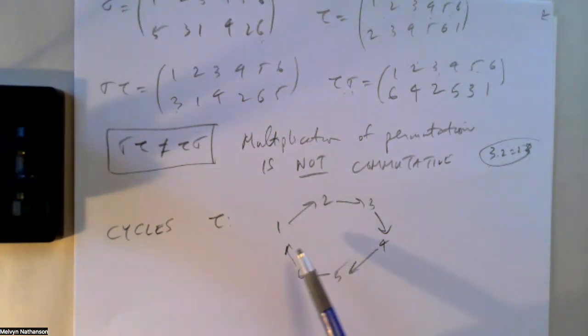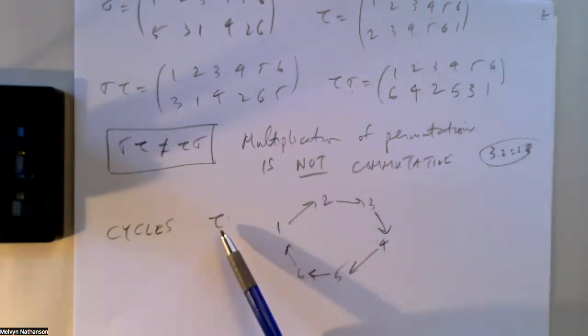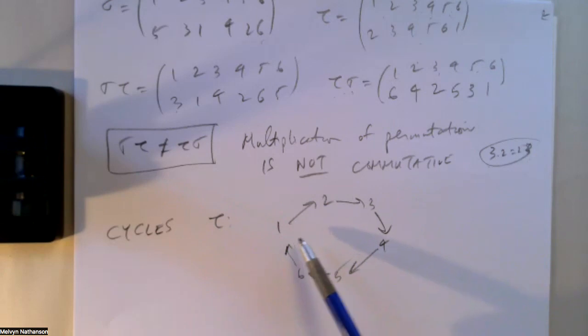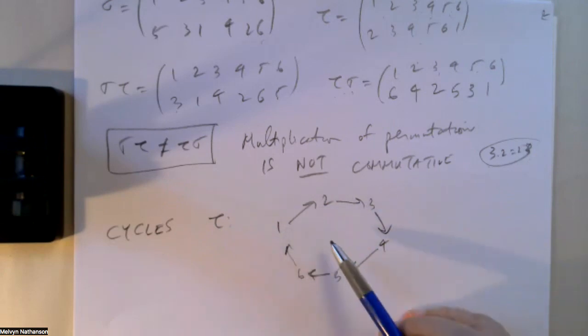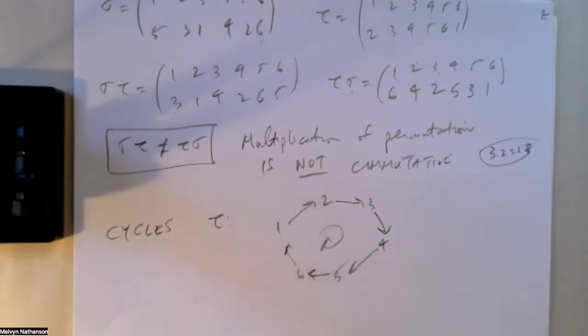So if we follow the trajectory of any number under iterations, repeated applications of tau, we have 1 to 2 to 3 to 4 to 5 to 6 back to 1. This is an example of what's called a cycle. It's a permutation or part of a permutation that sends numbers from one to another, and then back where it starts without any repetitions.